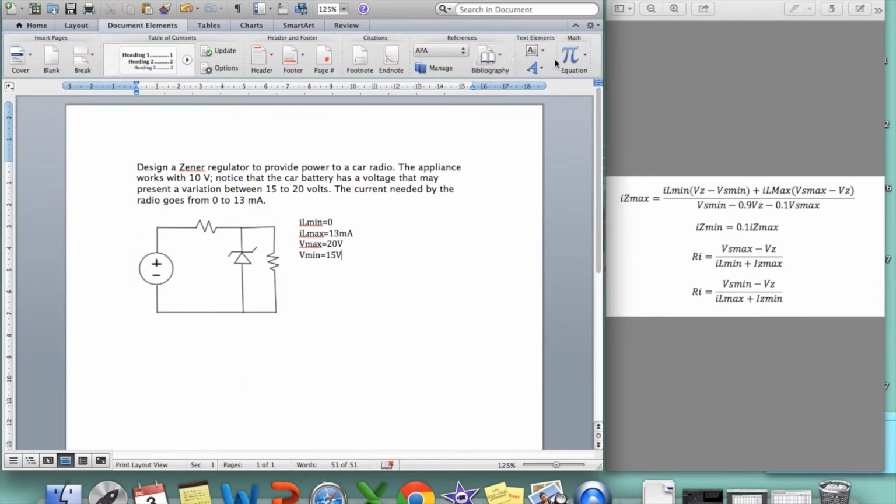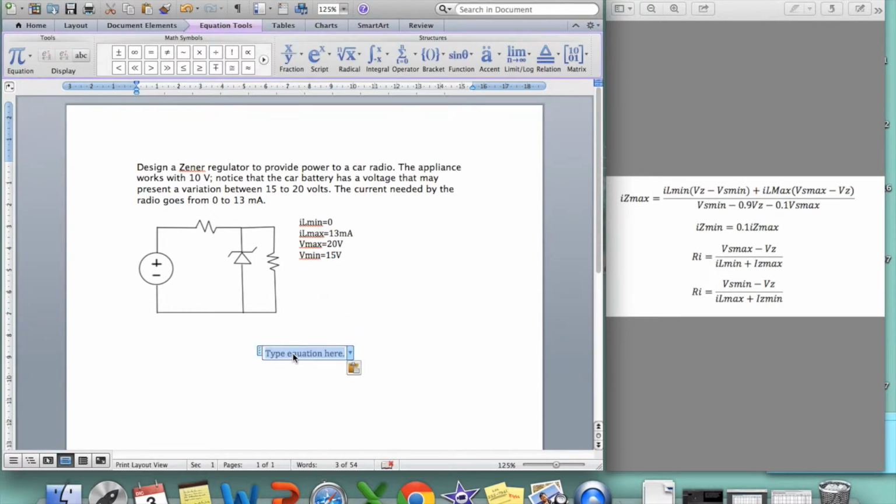We got that IZ maximum is equal to IL minimum, 0, times 10 minus 15, where Vz is the 10 volts that the Zener diode is giving us, plus 0.013, because this is 13 times 10 to the minus 3, times 20 minus 10, over 15 minus 0.9 times 10 minus 0.1 times 20.